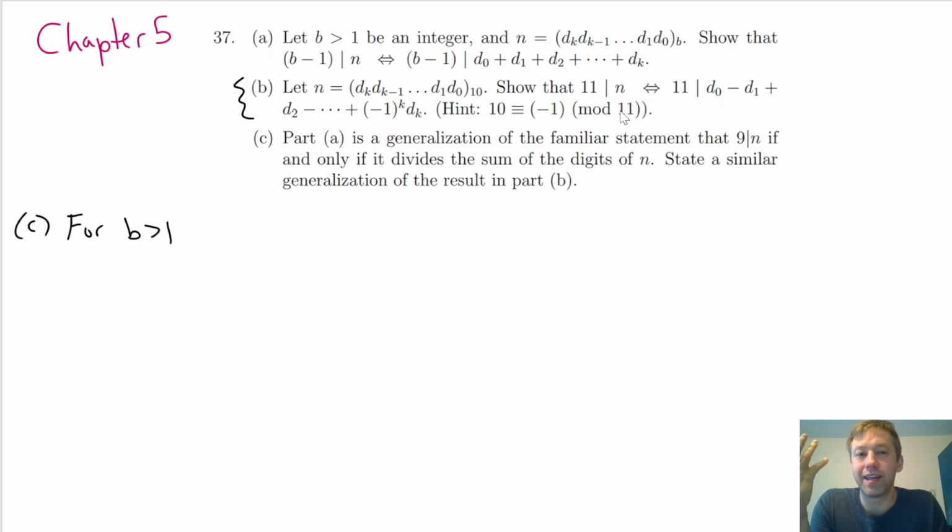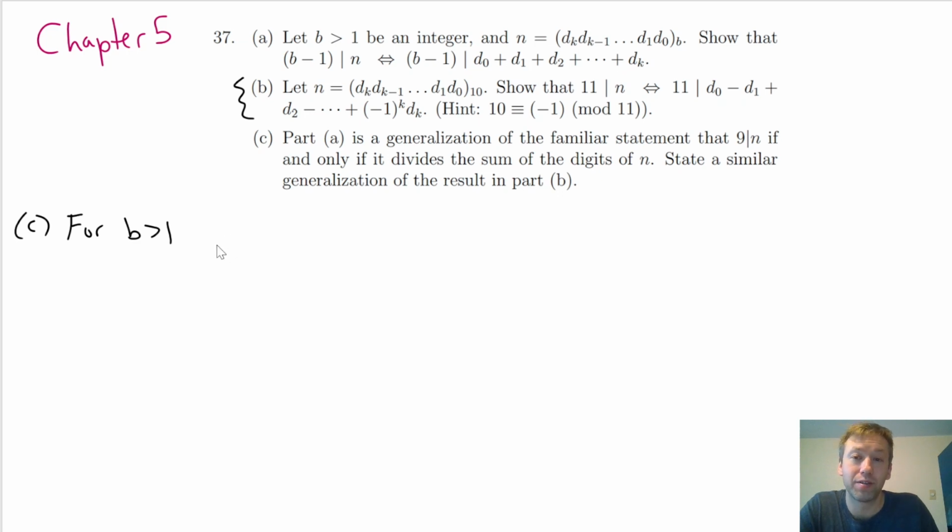What if I change the number 11 to 15, or I change the 10 to 7? If I change the base 10 to base 7, then you want to change the 11 to an 8, because 7 is negative 1 modulo 8, and then everything is going to work in the same way.